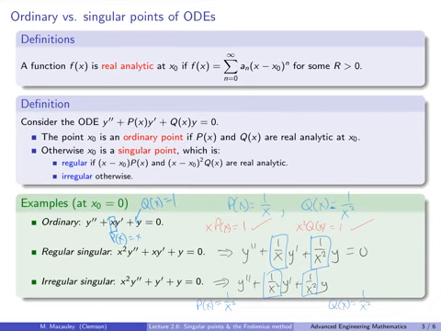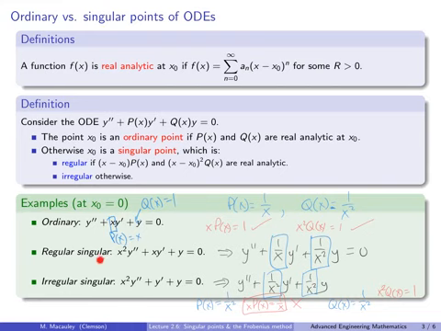Well, the next thing to do is to check x p of x. That's 1 over x. That fails. That is not defined at 0. Therefore, this is an irregular singular point. Now, it turns out that x squared q of x is defined at 0. It doesn't matter. This thing breaks down. So this is an irregular singular point.